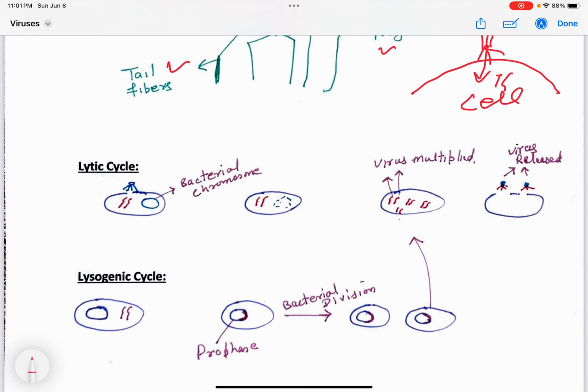So let's talk about the life cycle of a virus. So let's see, this is the E. coli bacteria, and this is our bacteriophage, and this is our bacterial chromosome.